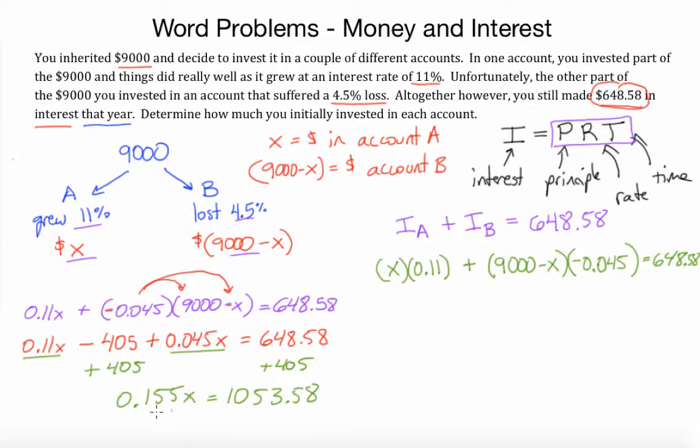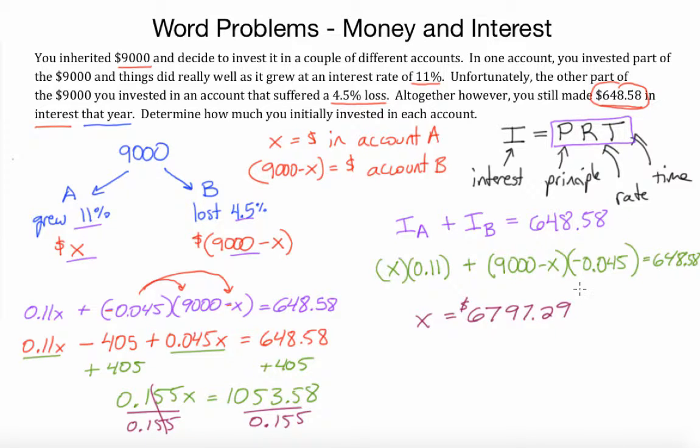All right, my last step to get x, I've got to divide by the decimal in front of x, 0.155. And when I do that, we find that x equals $6,797.29. Okay, I've solved it.